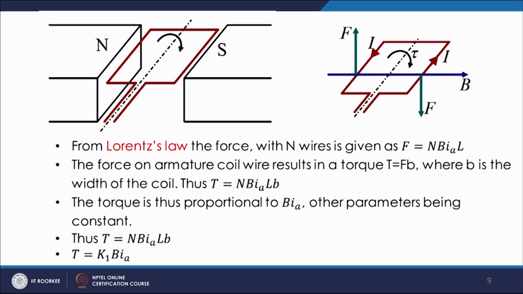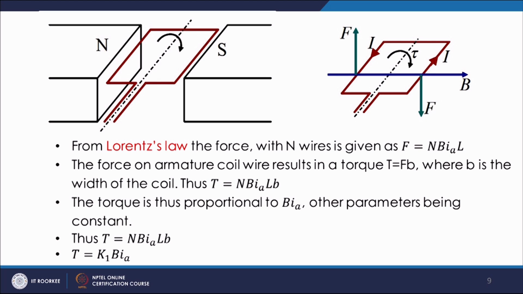If of course there are n such wires here, that will be just multiplication by n of the force generated in a single conductor. So it is n times B I A L, and if the width of this conductor is, say, b, we are going to have a torque, and that torque is equal to F into b.